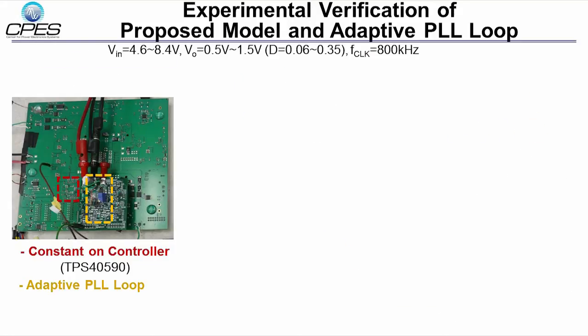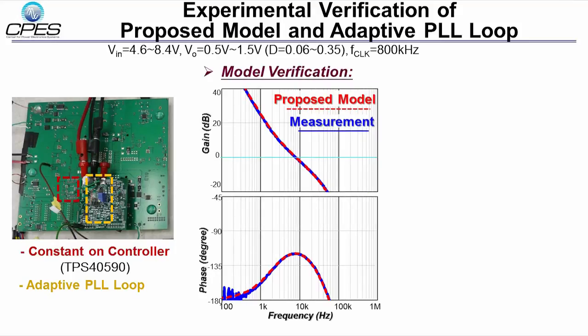The proposed model and the adaptive loop concept are verified on the experimental platform, with the controller from Texas Instruments on the motherboard and one adaptive PLL loop on a daughter board. The experimental result of TP loop gain agrees with our model very well, so the model is very accurate.